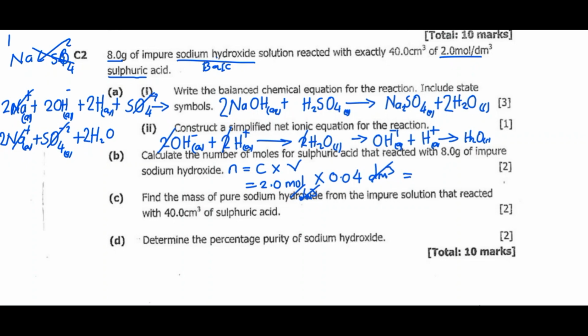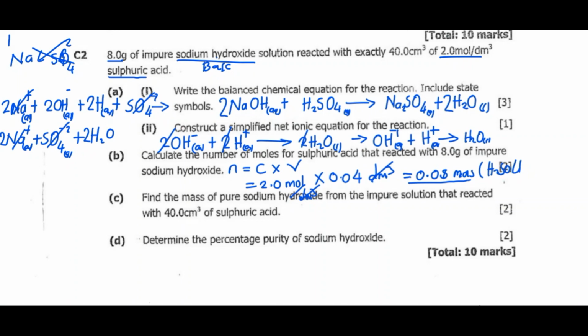0.04 times 2, so I'm getting 0.08 moles of sulfuric acid. So this is our answer. Then find the mass of pure sodium hydroxide from the impure solution that reacted with 4.0.